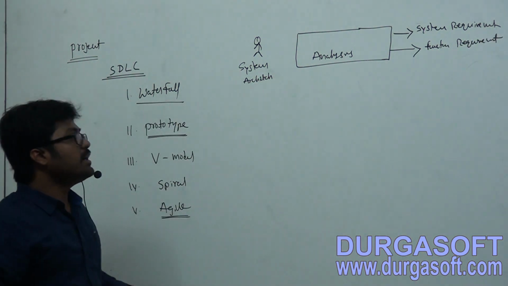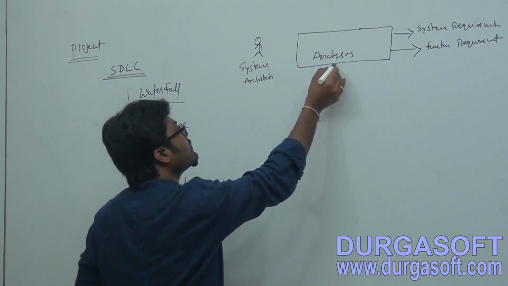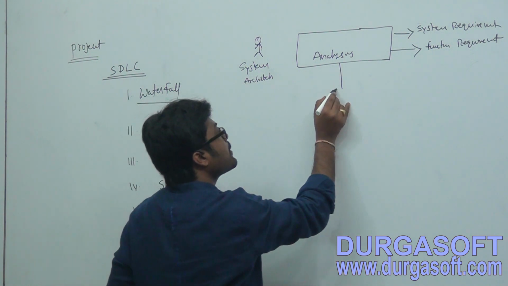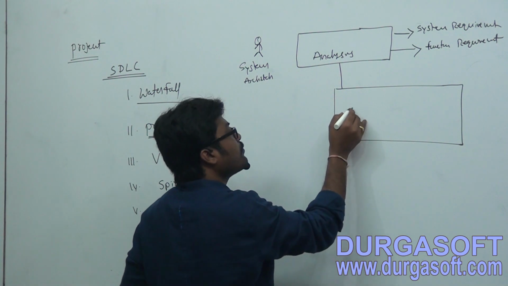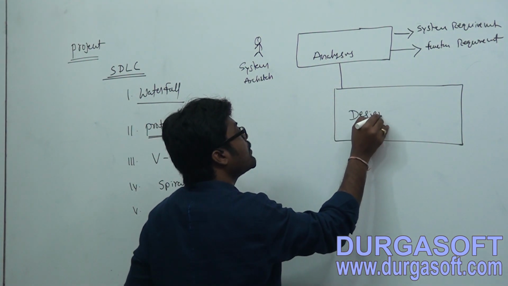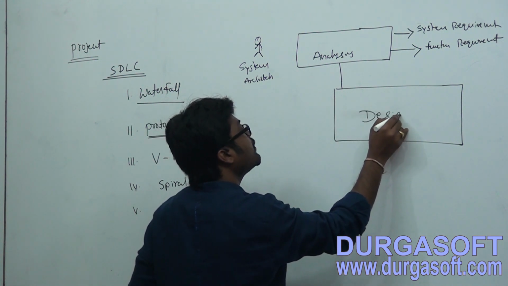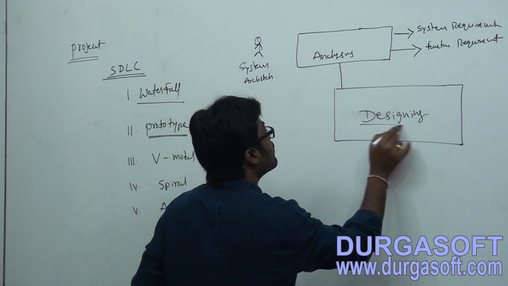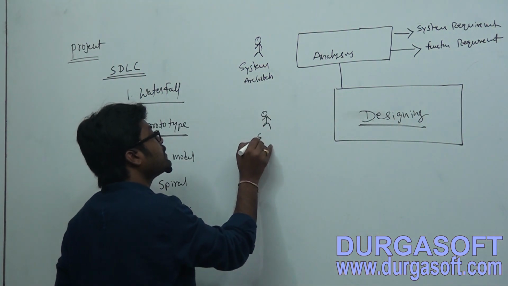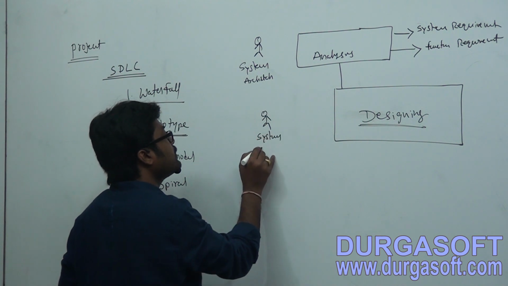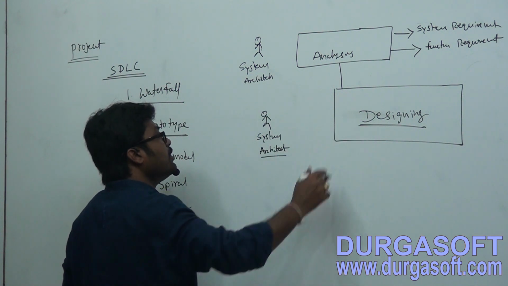After completion of the requirement analysis, the next phase will start. The next phase is the designing phase. Who will do the designing? Again the system architect will do the designing.